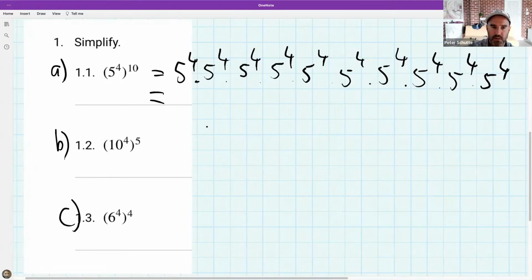Oh, have I written too many? 1, 2, 3, 4, 5, 6, 7, 8, 9, 10. No, I'm good. So what will the answer be? And if you want to type it in the calculator or in the chat, if you want to write to the power of, we just use this symbol over here. So 5 to the power of what is the answer for A?